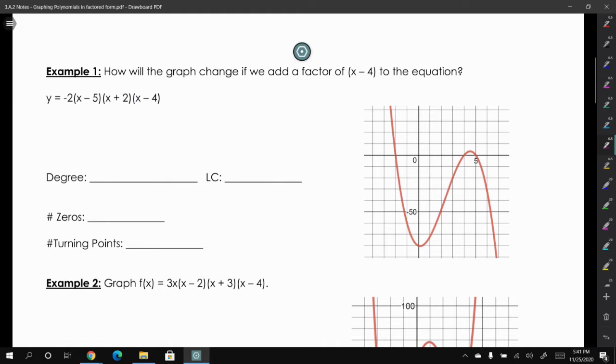So example 1 is the same equation as above, but we added this x minus 4 factor. So you can see the graph is a little bit different. Now that we have 3 x-intercepts, our end behavior is different. Our degree is now 3, since we have 3 factors. Leading coefficient is still negative 2.